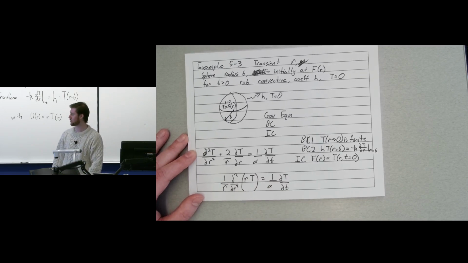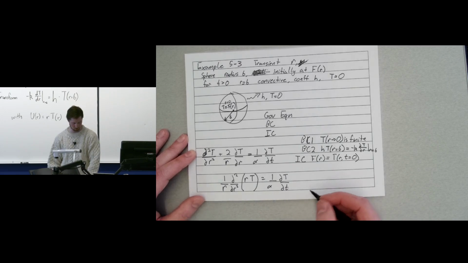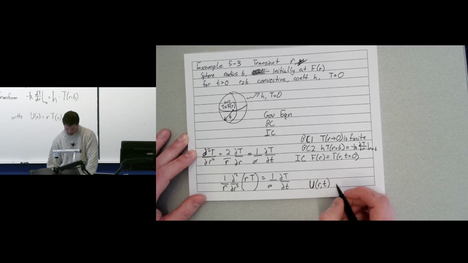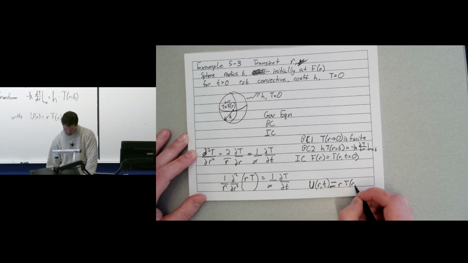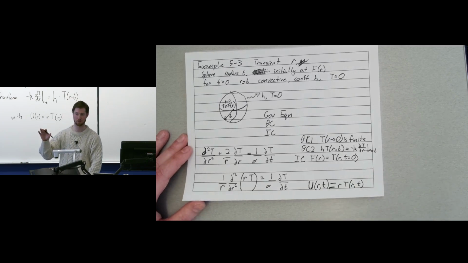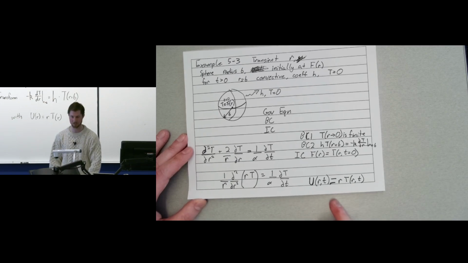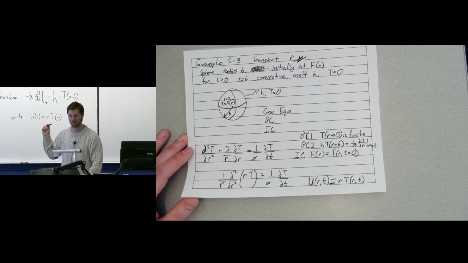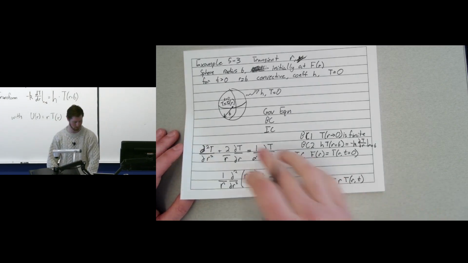Okay, that's a little easier. And now to make it even easier, we're going to define a new variable, u of r and t is equal to r times T of r and t. Much like we did with v at the start of class, we're doing this with u. If anybody did the problem behind me, you're in luck, because we're about to do that exact thing.